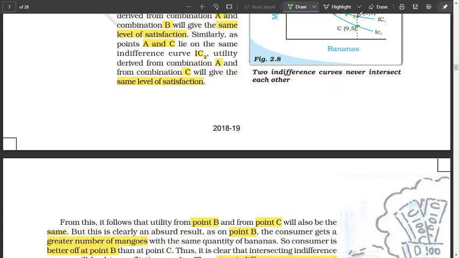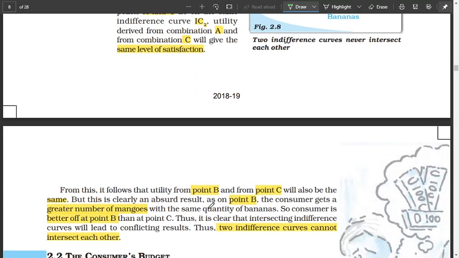So you would be indifferent between B and C. But that is not possible. A to be on both of the indifference curves is not possible. A and B same, A and C same, but B and C are not the same. But in that case, it's the same. So it is clearly an absurd result.